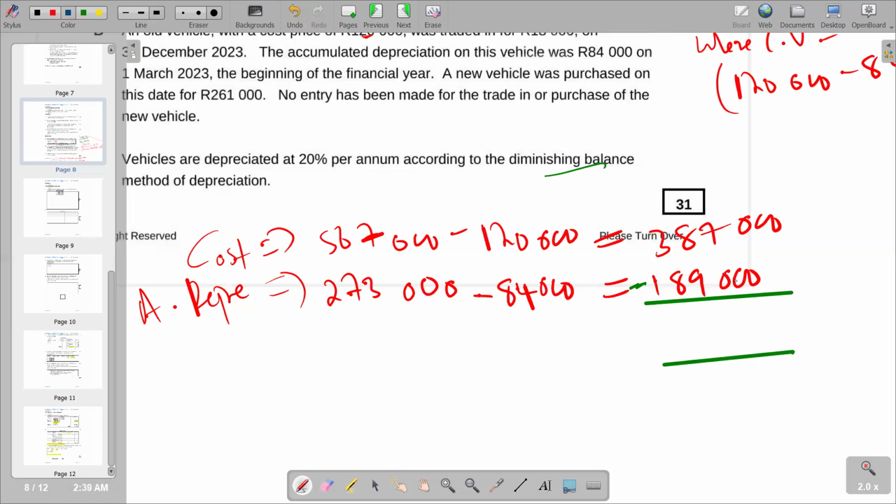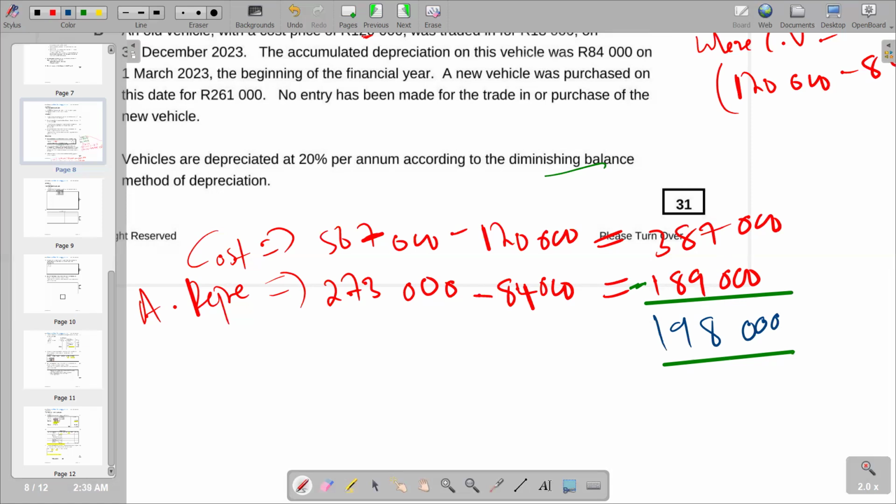And then we try to calculate it as such and see the figure that we're going to get there. We're going to get 198,000.